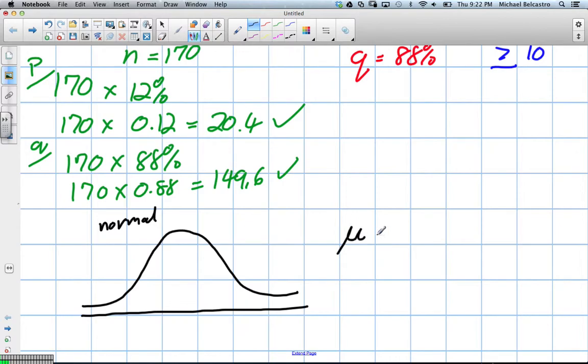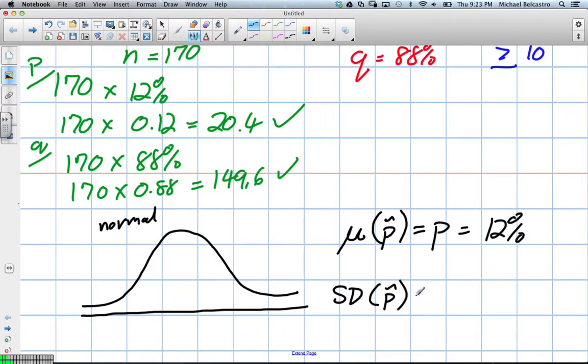We knew the average of the proportion is essentially P, which in this case is 12%. And the standard deviation of the proportion is equal to the square root of P times Q divided by n. So we've got to actually go about calculating that.